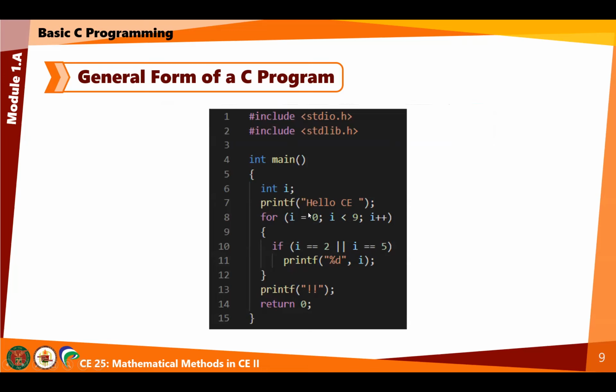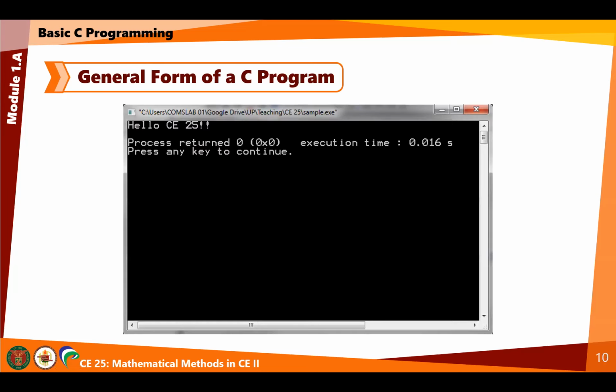So skip. Oops, equal na sa 2, so ipiprint ko siya dapat. And then and so on and so forth. Pag I equals 5 na, ayan, ipiprint ko dapat yung I equals 5. Hanggang makaabot siya ng I equals 8 na less than 9. Okay ba? Ayan siya. So there, hello CE25.